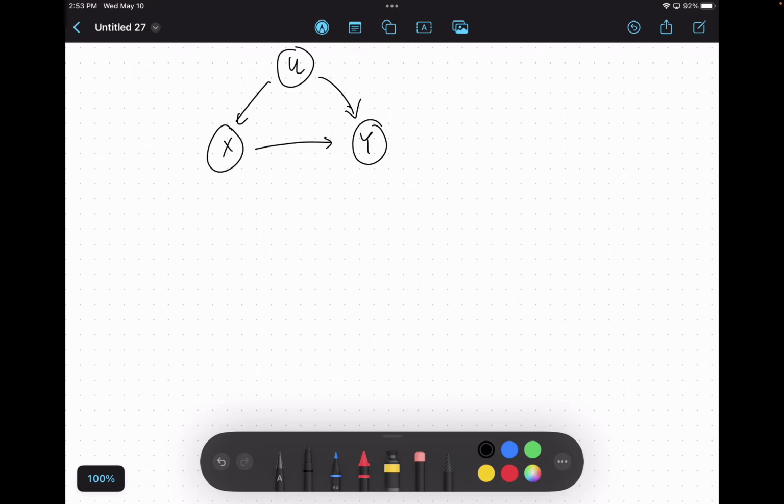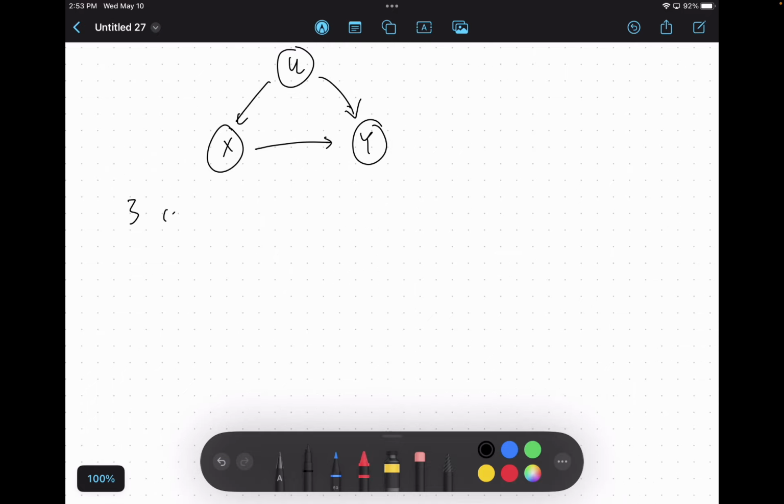So there are 3 common methods to determine causality from X to Y. So one is the back door.